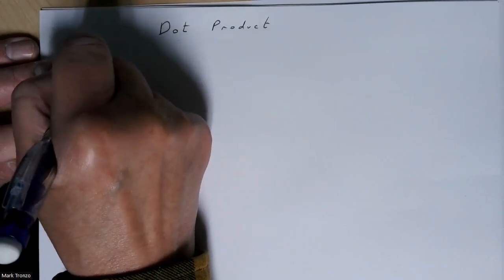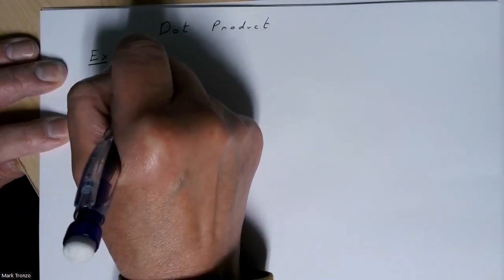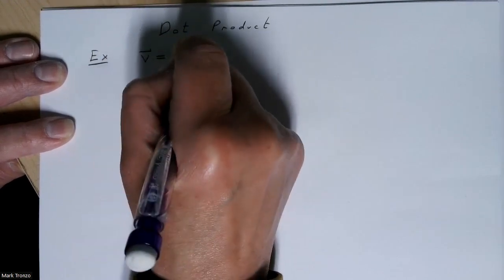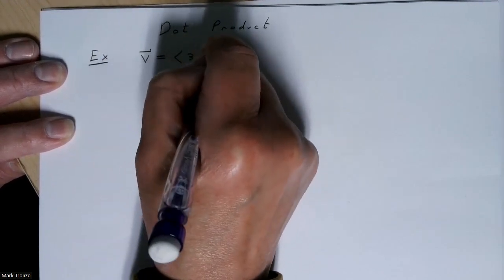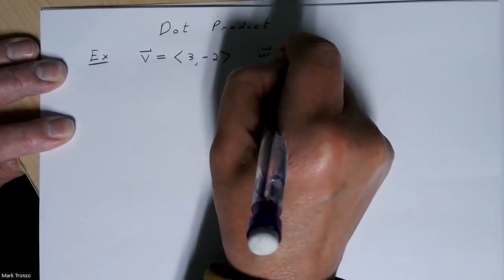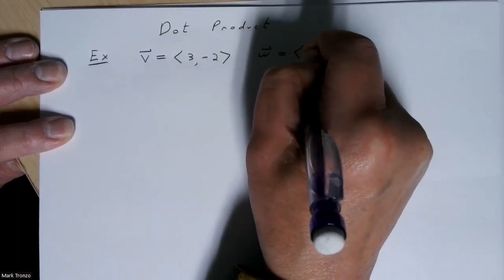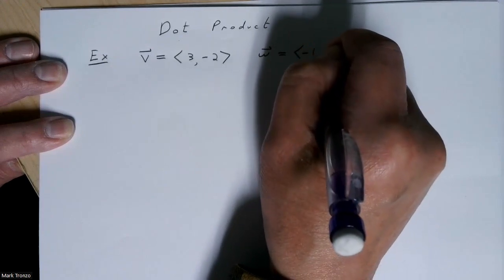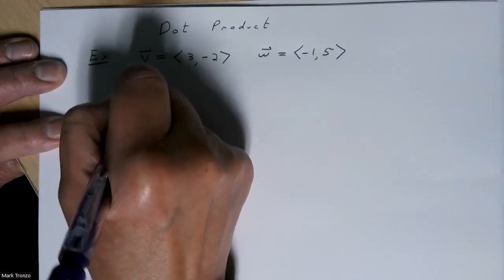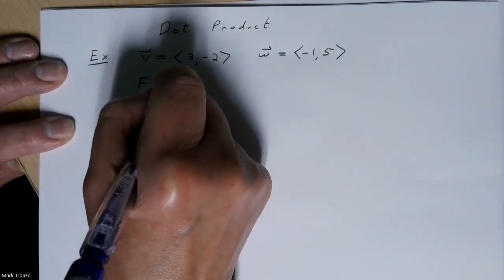So let's say you have two vectors, call them V and W. Find the dot product.